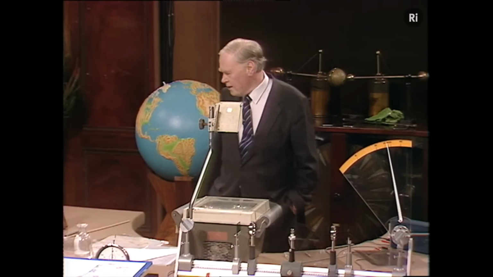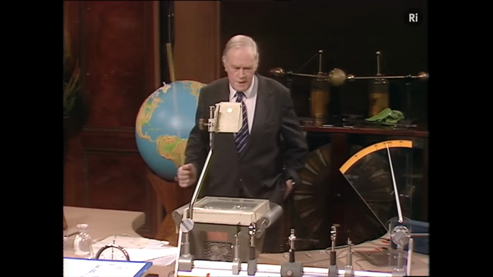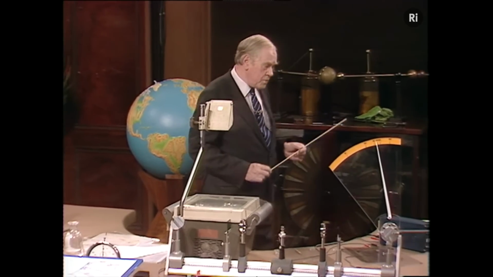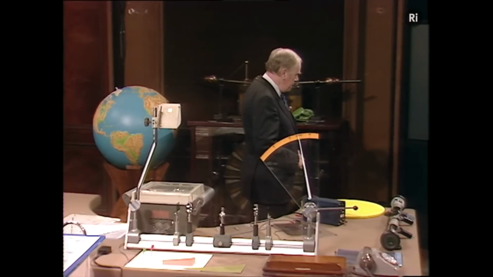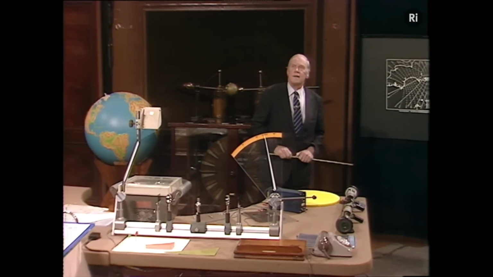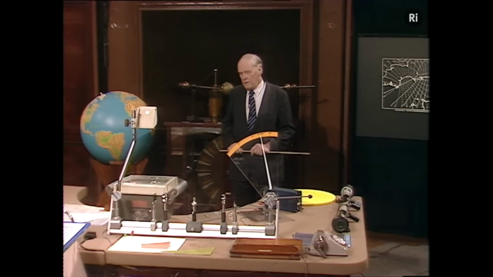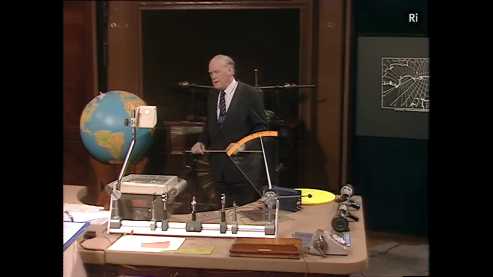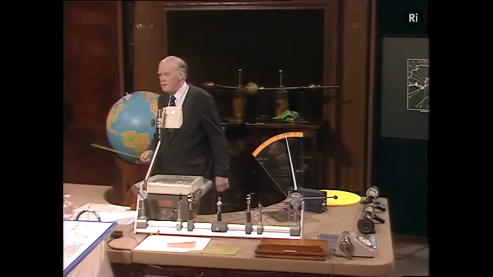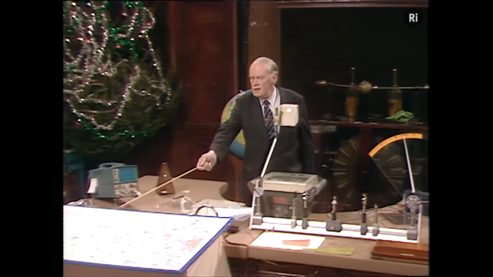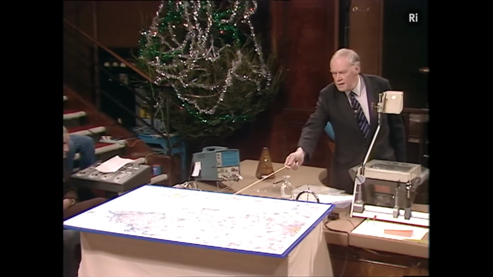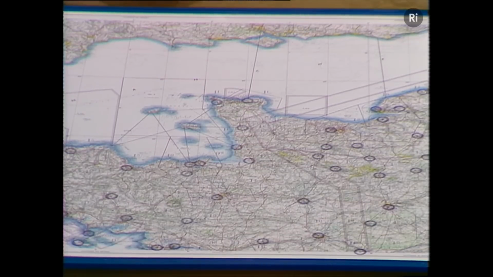And to give you an idea of how it works, we have a model here, and it works not only for sound waves, but for any kind of waves, and in particular, radio waves. But for the moment, we're just going to imagine we've got a source of waves which are going to be emitted from some point on the Cherbourg Peninsula, which is here.